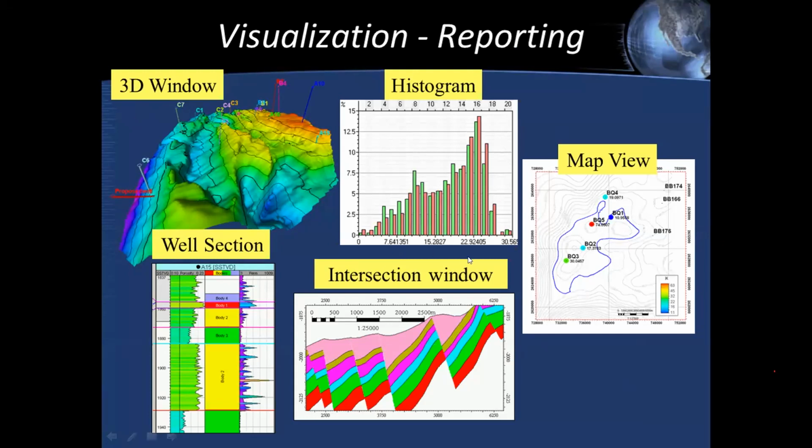This is an intersection window showing different formations. This is a map view. On top, it is showing the contact with this blue line and the well locations here, okay? And this color represents whatever property you are showing, with the scale, okay? This is X coordinates, this is Y coordinates, and there's even a ruler here showing the distance.